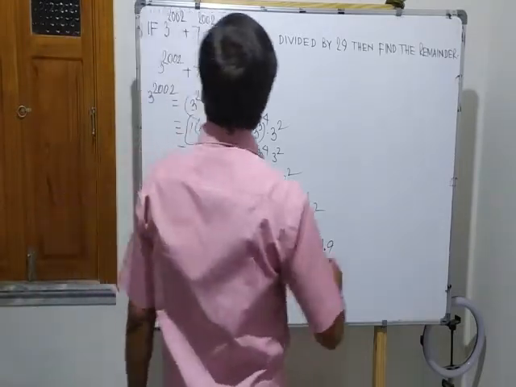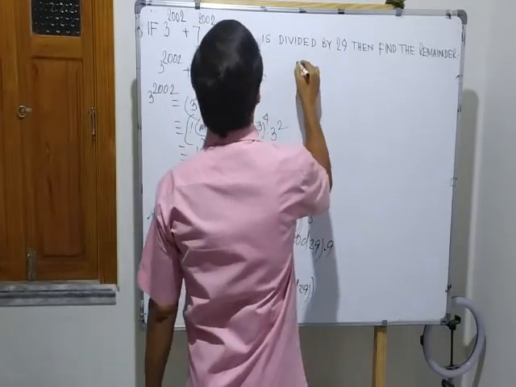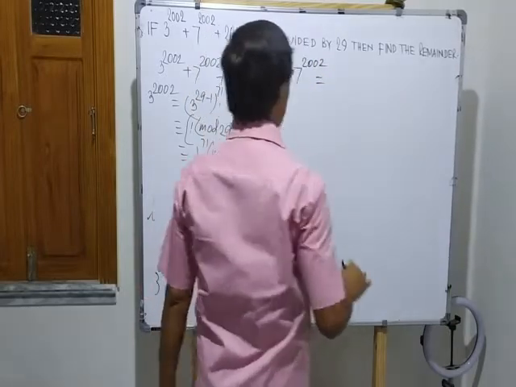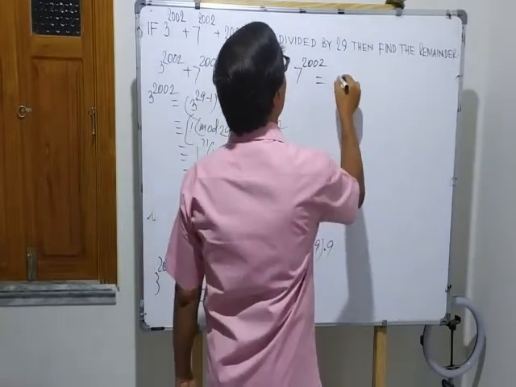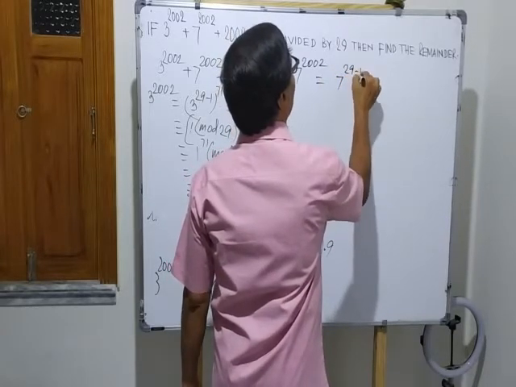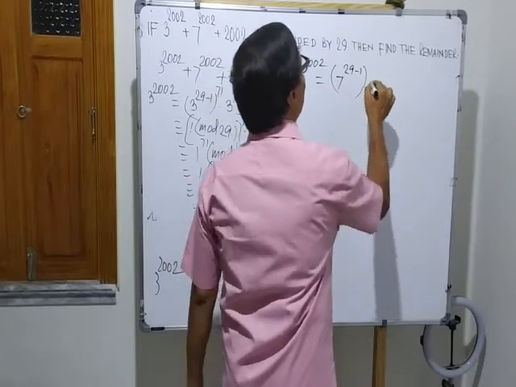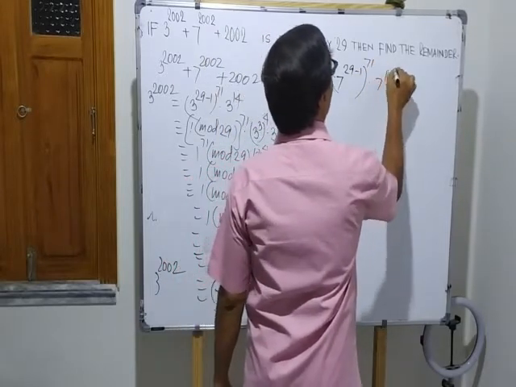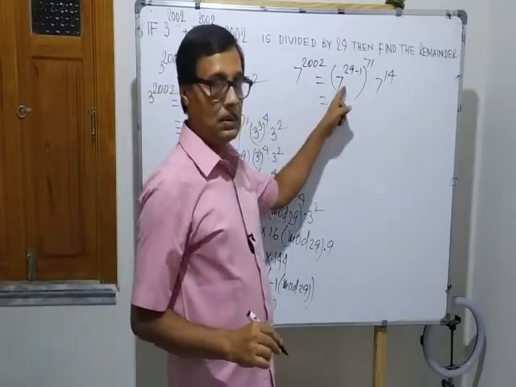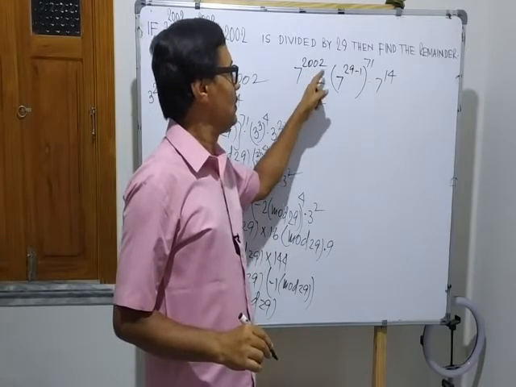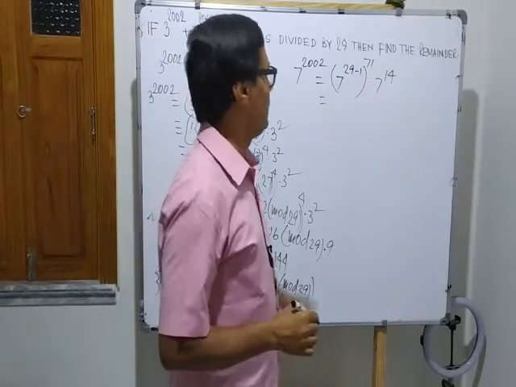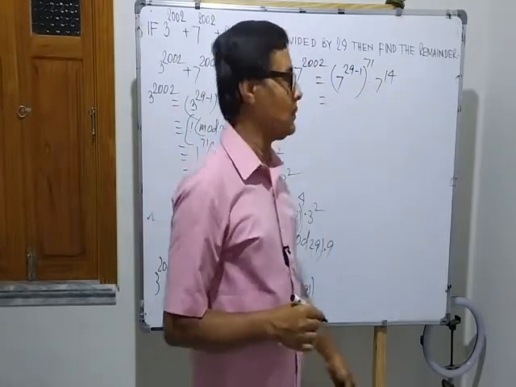In a similar way, we can find 7 to the power 2002, which can be written as 7 to the power 2002 is equal to (7 to the power 29 minus 1) to the power 71 into 7 to the power 14.